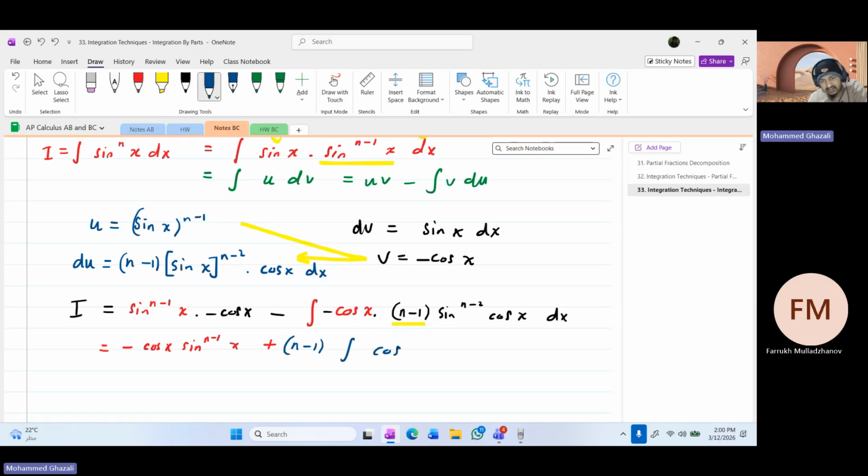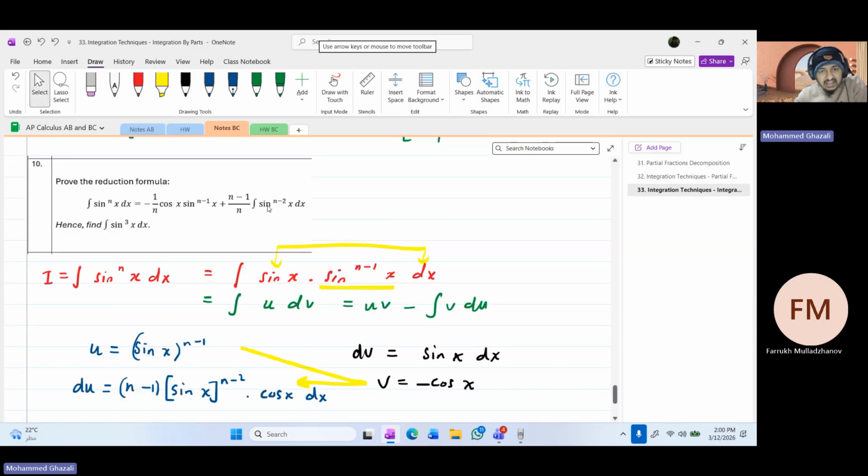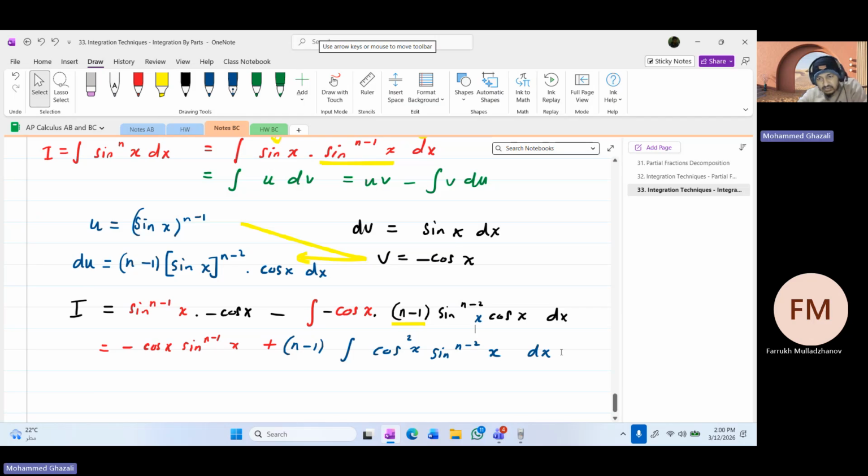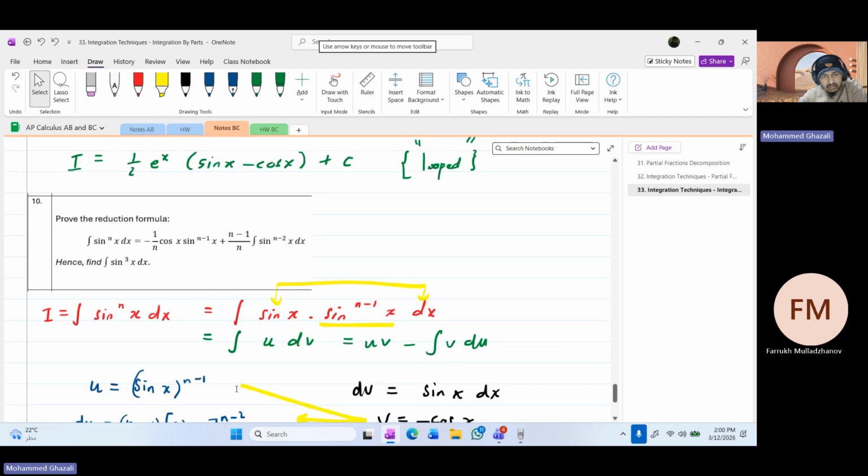Cos times cos is cos squared x, sine^(n-2) x dx. But what is supposed to be sine^(n-2) x dx, which means there is no cos squared here.